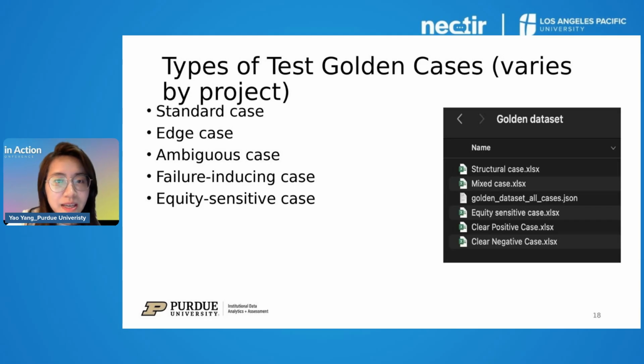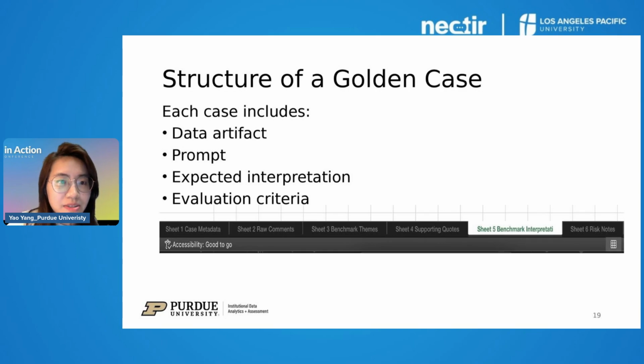This is an example of what kind of cases we created to evaluate the qualitative AI assistant we created. This is the structure of each case. We have different spreadsheets, and in the handout, you can find this spreadsheet as an example. You can take a deeper look at what a golden data set should look like.